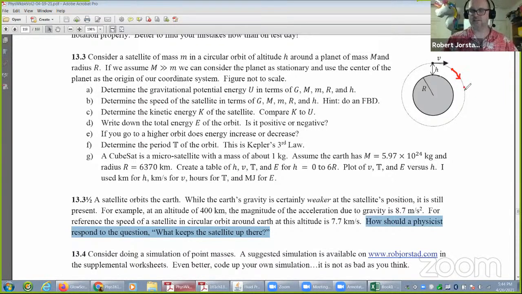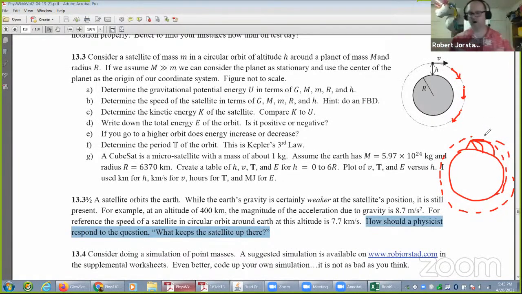The curvature of the Earth is such that as it falls, it never hits. There's a famous picture in some of these books where there'll be a mountain at the North Pole and someone will throw rocks. And the first one will go here and here. And if you throw it hard enough, it's just going to go all the way around the planet and hit you in the back of the head.